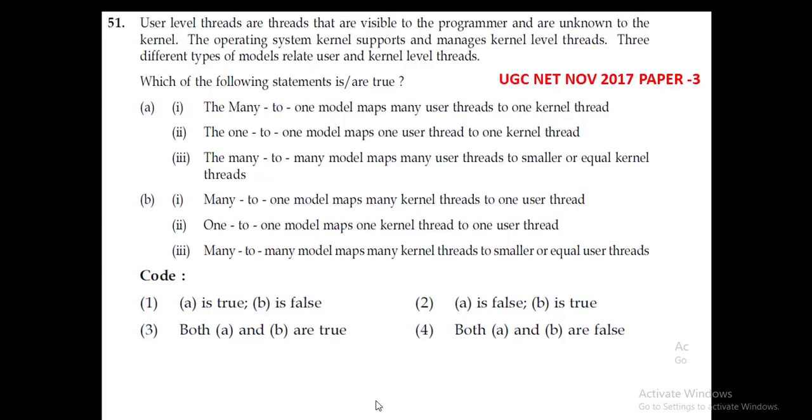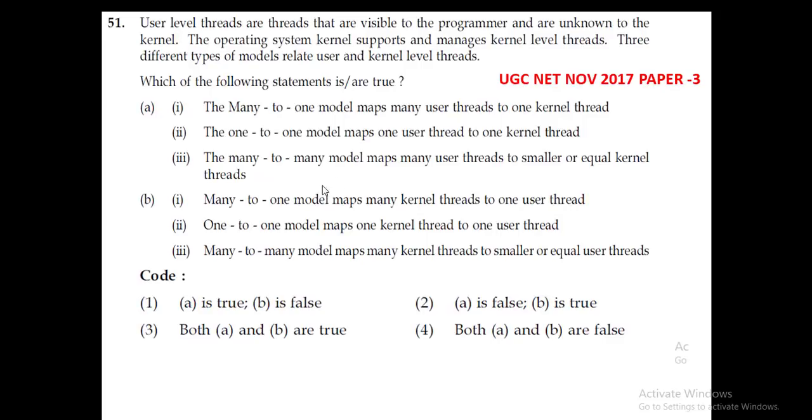In operating systems there are 2 types of threads. One is called user level threads, and the next one is called kernel level threads. User threads are created using a user library, and kernel threads are created by the kernel itself. The information about user level threads is not known by the kernel. What information?